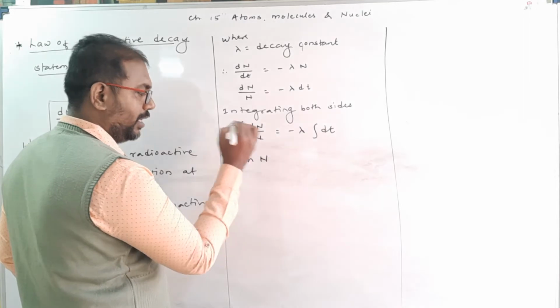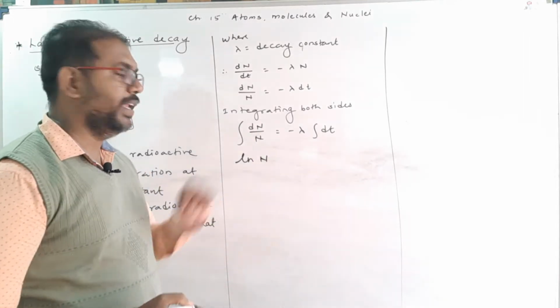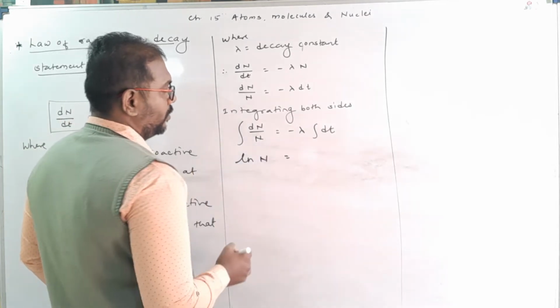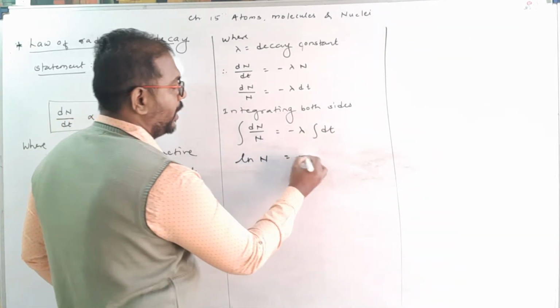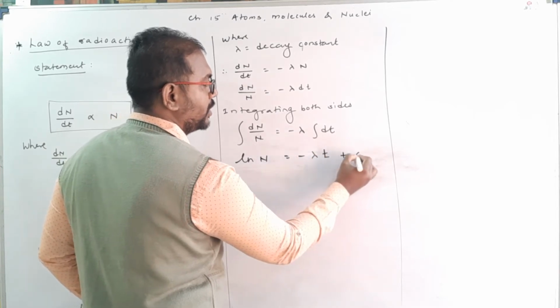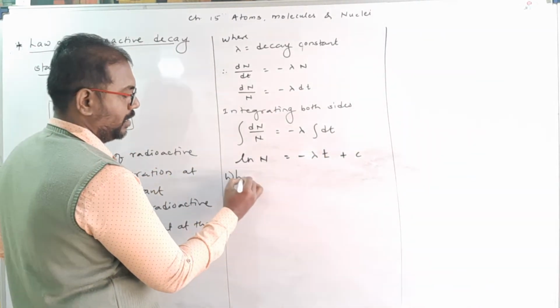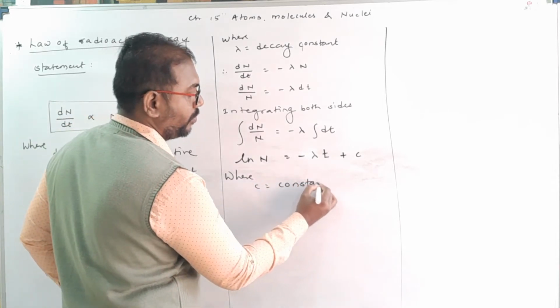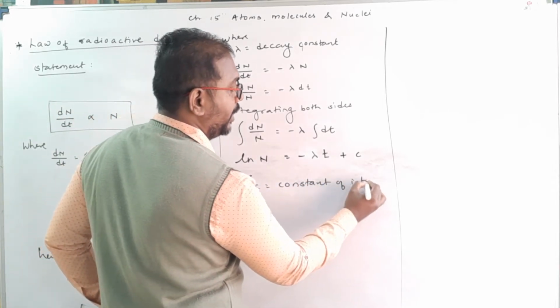As a mathematics student, you already know that the integration of dN by N is log of N, log to the base e, so you can write ln N is equal to minus lambda t plus c, where c is the constant of integration.